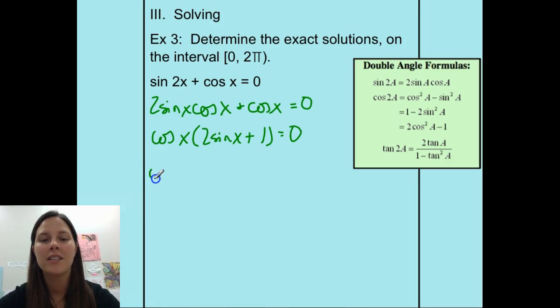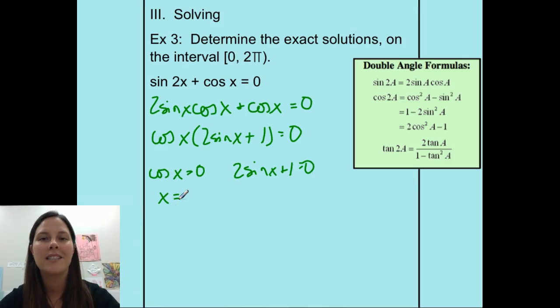Once it's factored, we can set each piece equal to 0 and solve. So we're looking for where is cosine equal to 0. Cosine is the x value on the unit circle, so up at pi over 2 and down at 3 pi over 2.